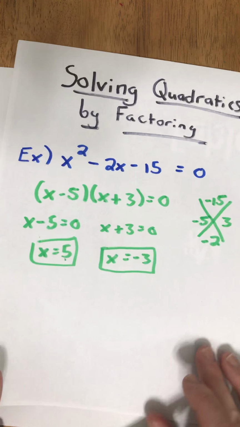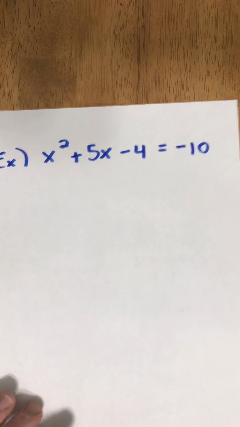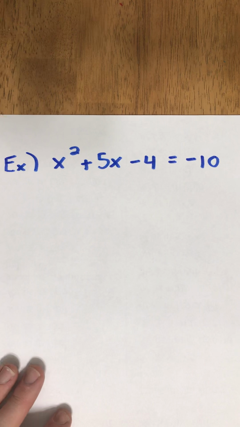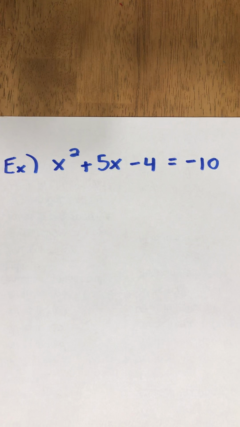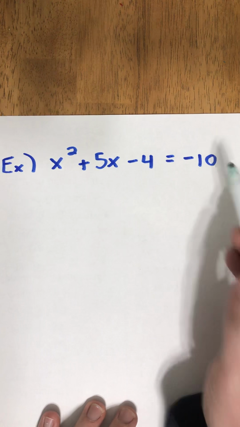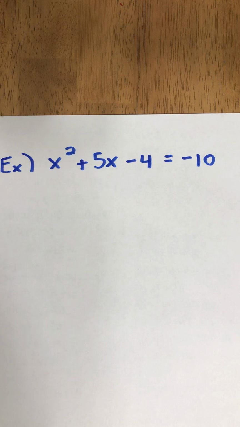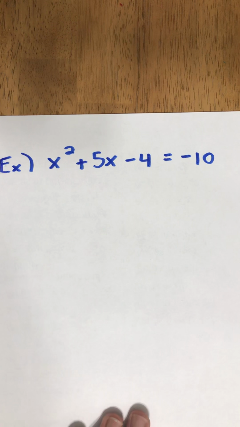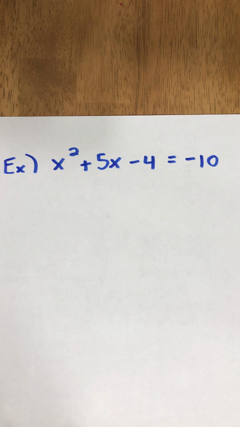All right, one more example here before I get you out of here. This one is x squared plus 5x minus 4 equals negative 10. This one they switched up a little bit, and instead of setting it equal to 0, they set it equal to negative 10. If you see that, what you want to do in order to solve these is make sure that it's set equal to 0.